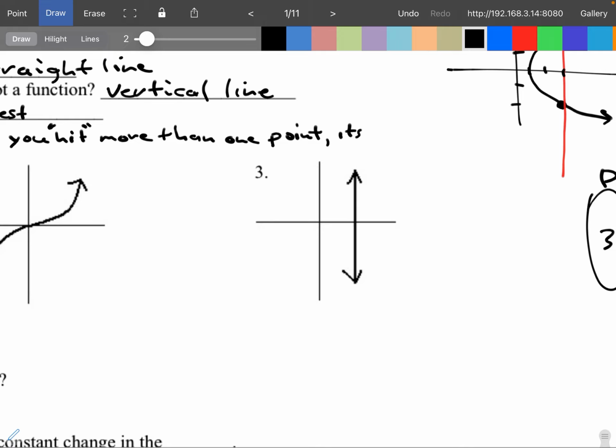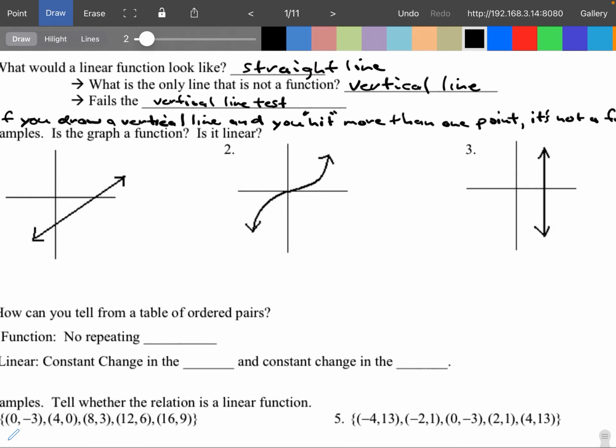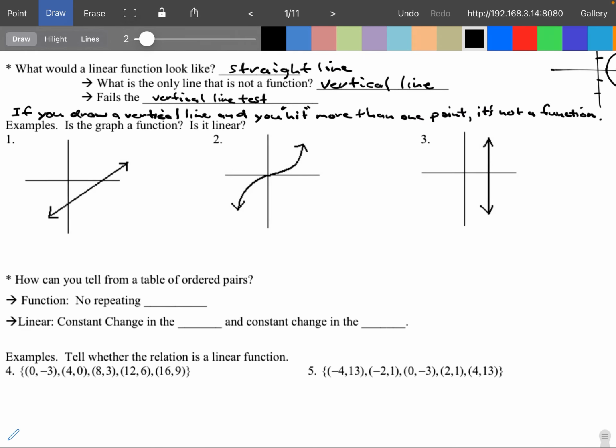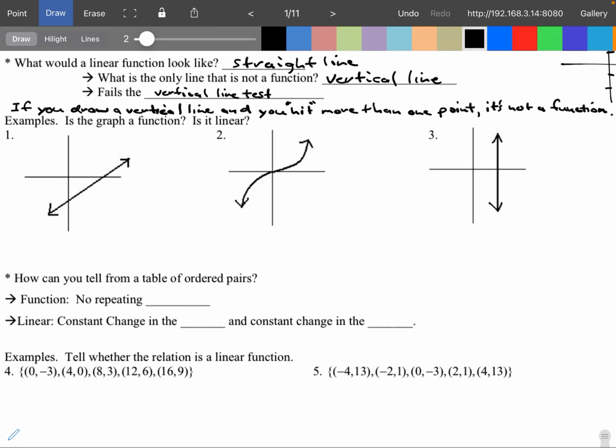I'm going to run out of room here. All right, so hopefully you guys can read that.